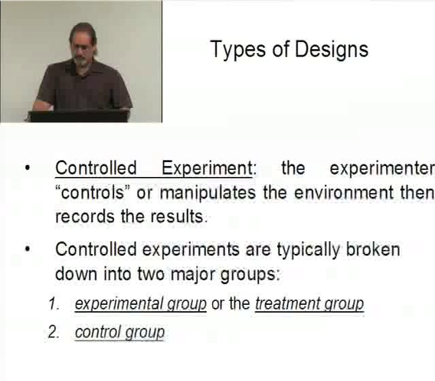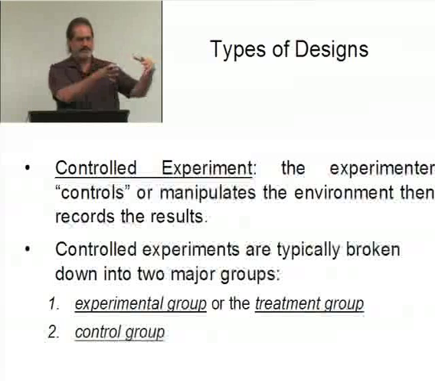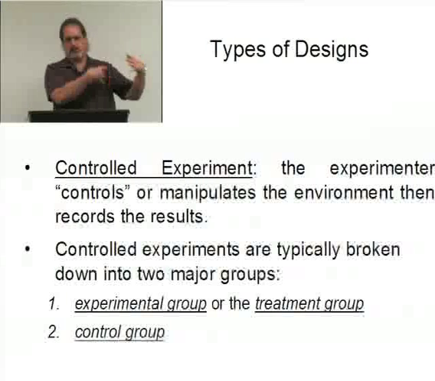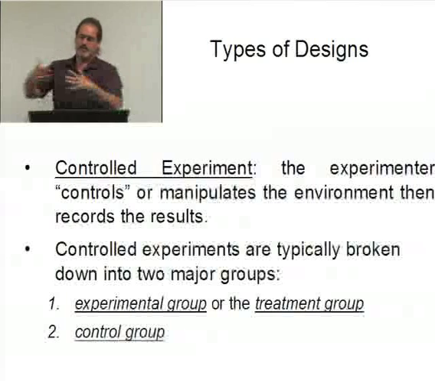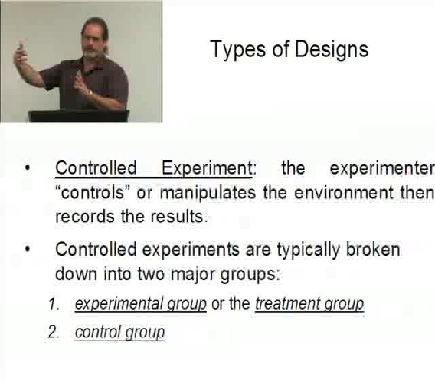Now, here's the idea. The experimental group is a group that's getting this new treatment, or whatever it is that you're testing out. The control group is perhaps, if we're talking about medical studies, getting the current treatment, or maybe no treatment at all.